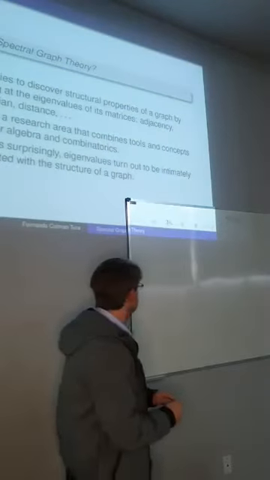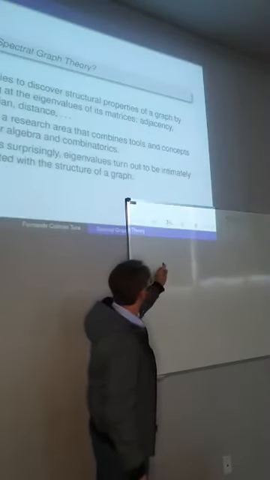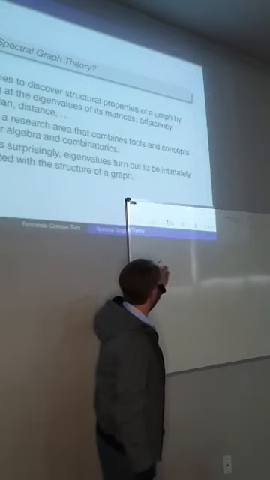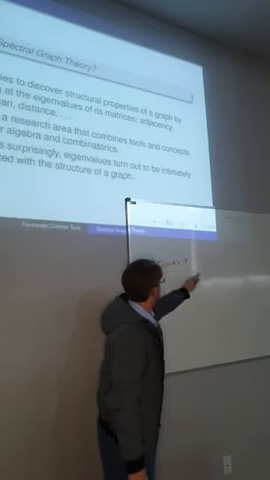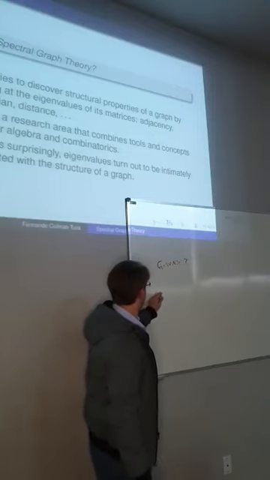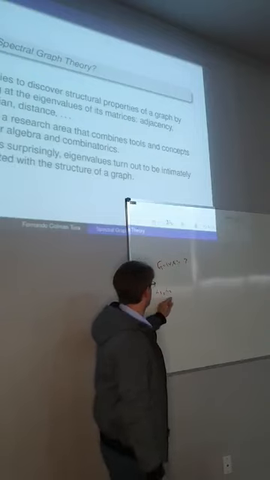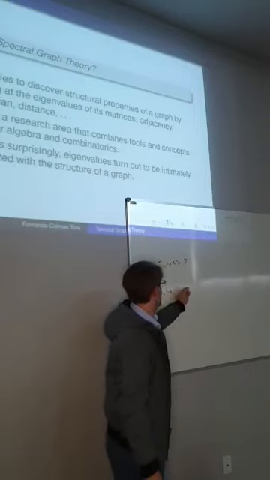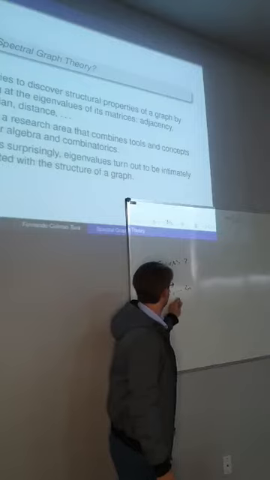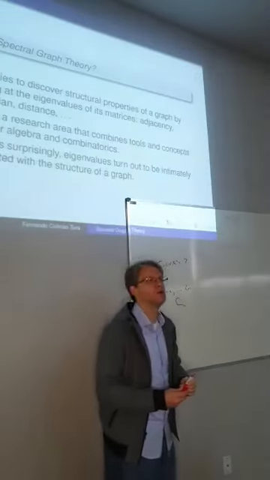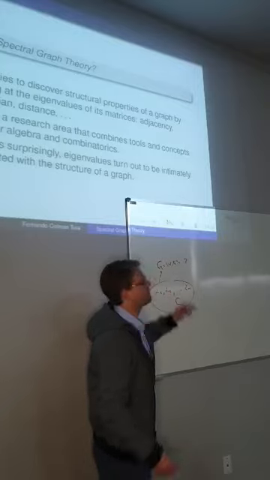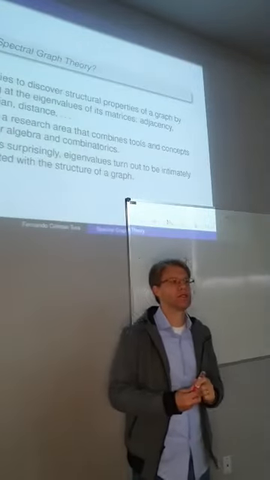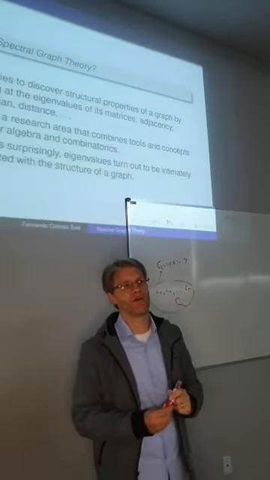Suppose you have a graph, but you don't know the graph, but you know its eigenvalues, like lambda 1, lambda 2. How can you obtain this graph? This is spectral graph theory.